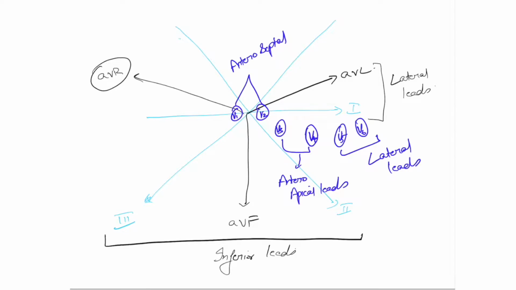Now, one way to think about it, notice how 1 and AVL are pointing towards the upper lateral side, and V5 and V6 are pretty much pointing to the lateral side. So, if you think about it, 1 and AVL would be considered high lateral leads.